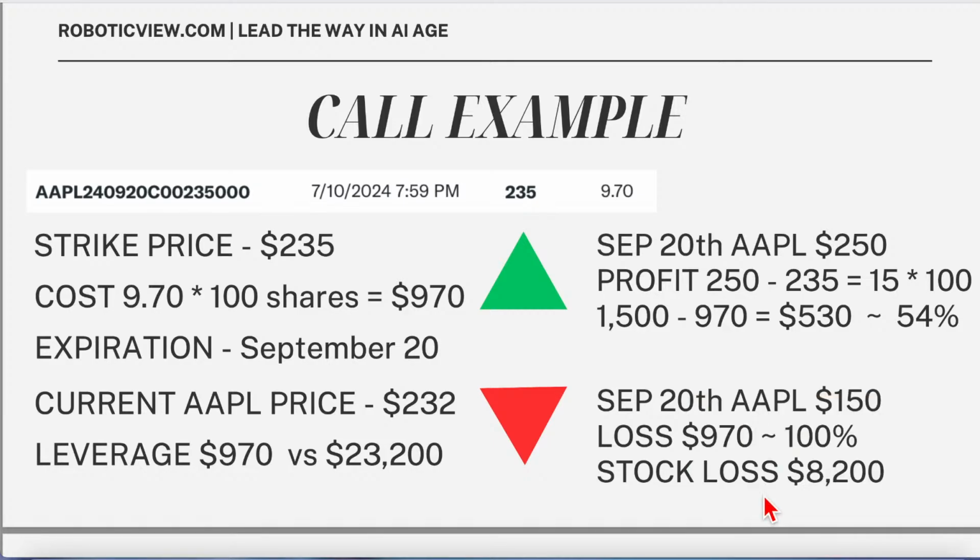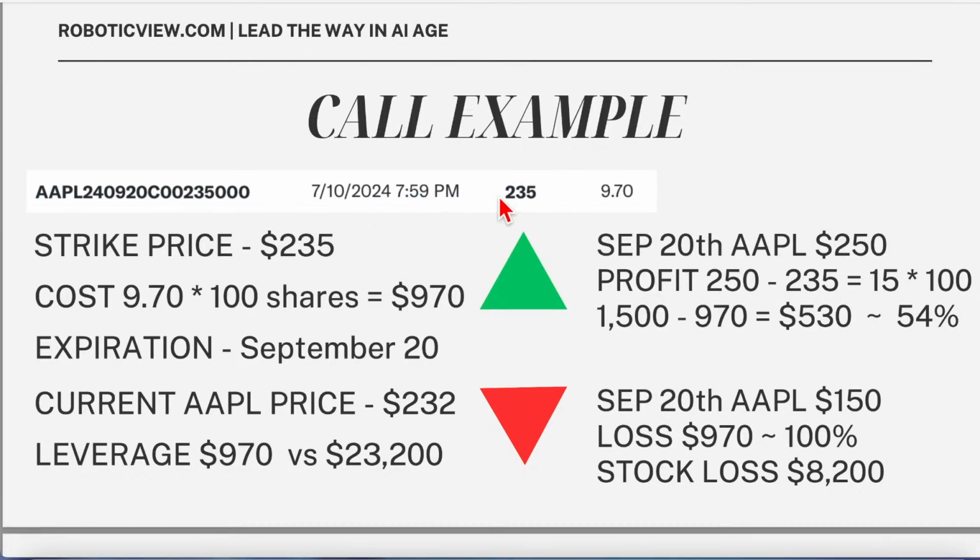So, I have a simple call example. And by the way, I got this data from yesterday, you can see July 10th. Suppose we have a call option, and remember there are two types, call options and put options. I got this data yesterday, July 10th, 7:59.